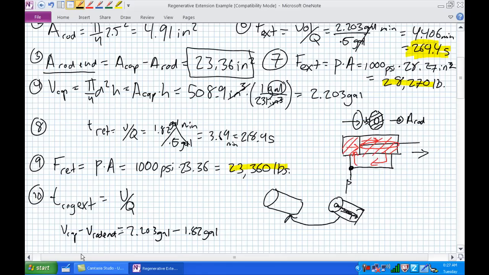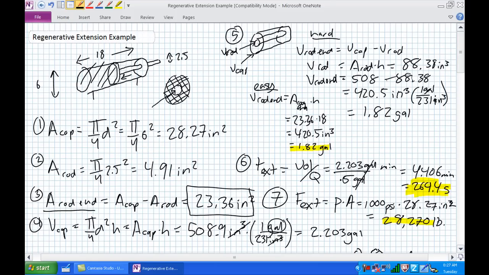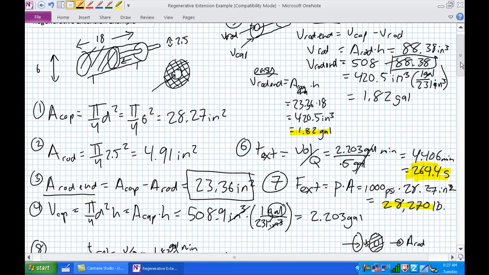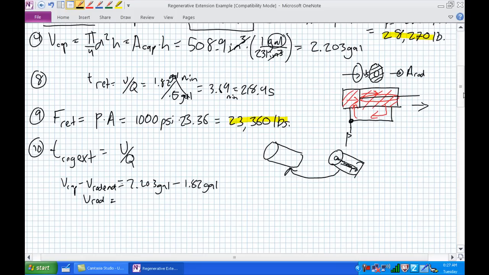But you could also just say volume of the rod. If you've done the hard work right here, 88.38 cubic inches, excuse me. Either way, you're going to come up with 3.83 gallons. Okay, that is what the pump needs to make up.